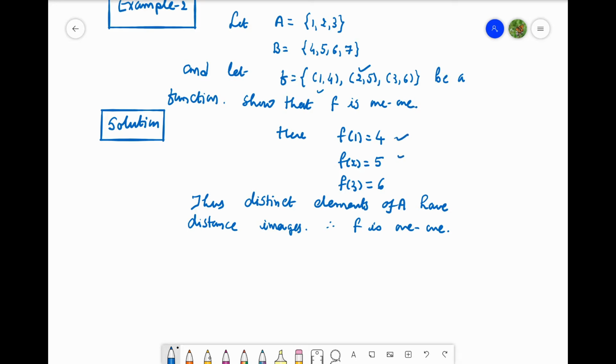If right hand side elements are repeated, then it is many-one, but if right hand side elements are not repeated, then it is always one-one.